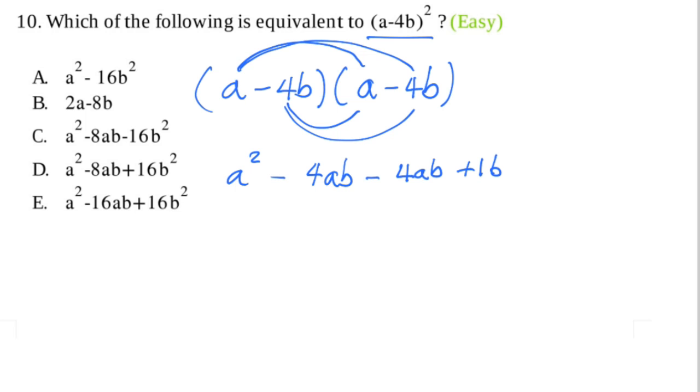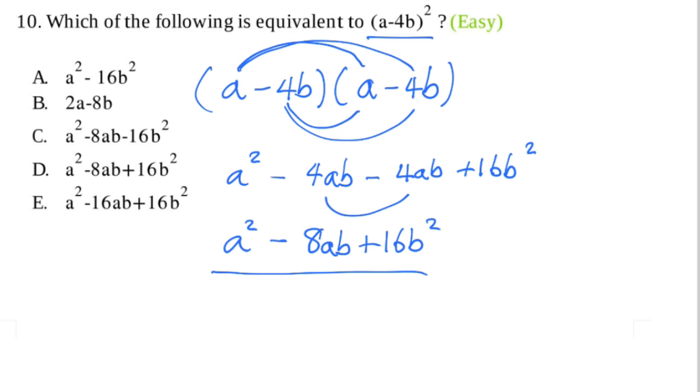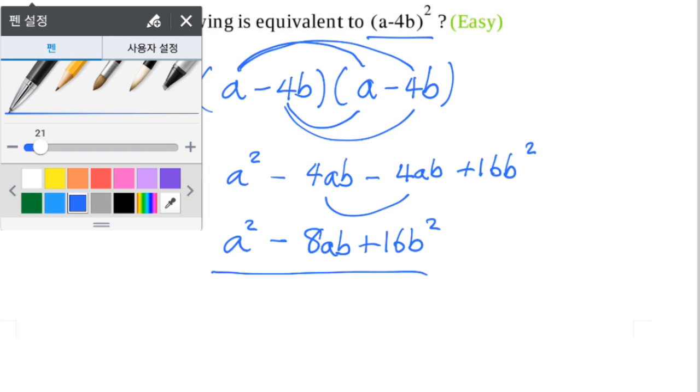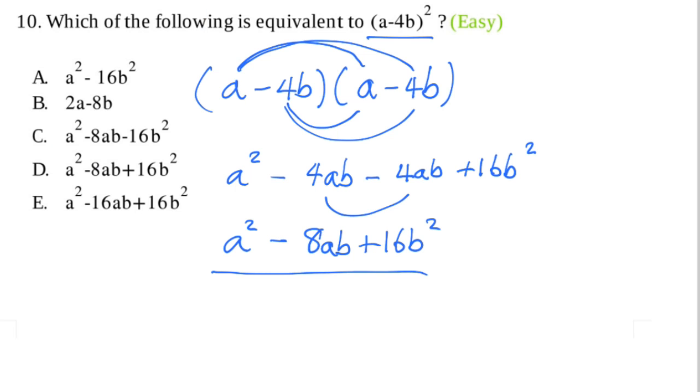We can combine the like terms here. So a squared minus 8ab plus 16b squared. We can't go any farther, we can't factor or simplify. So that is our final answer. And here, the answer choice is a squared minus 8ab plus 16b squared, which is D.